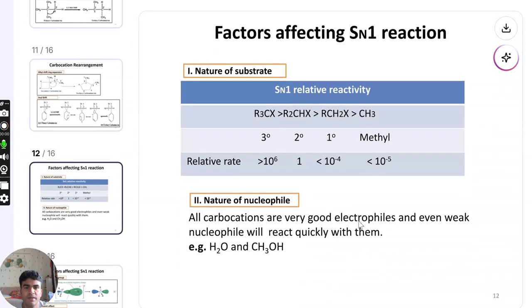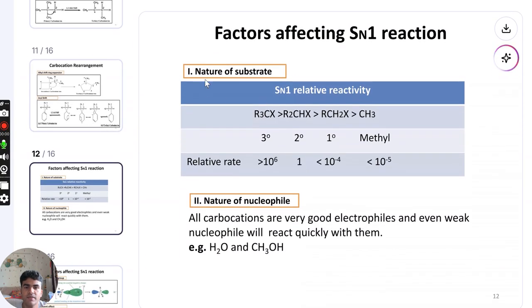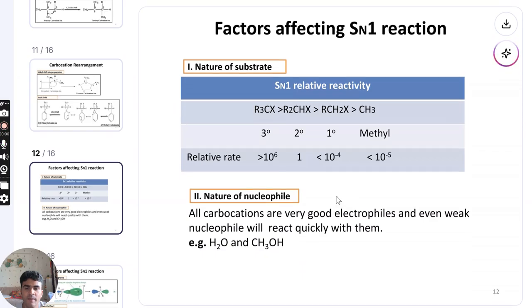Now, factors affecting the SN1 reaction. Nature of the substrate: as we discussed earlier, a 3 degree substrate will give a stable carbocation, so the rate will be much higher. The relative rate of tertiary is 10 to the power 6, secondary is 1, primary is 10 to the minus 4, and methyl is 10 to the minus 5.